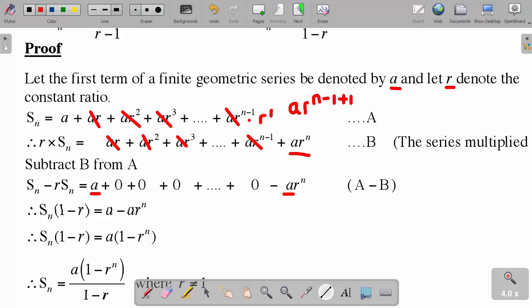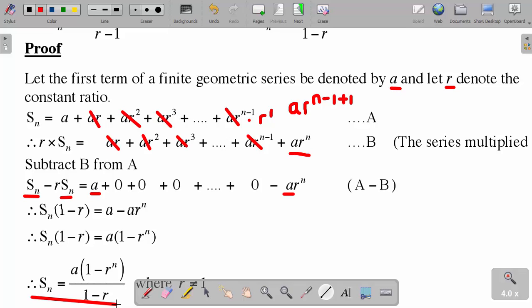So A is a common factor, so I factor out the A. And even here, my Sn is a common factor. So if I take it out, I'm going to be left with Sn, open brackets, 1 minus common ratio, equals A, open brackets, 1 minus common ratio power n. Because I'm looking for Sn, I divide by 1 minus common ratio, which gives me my answer as Sn equals A, open brackets, 1 minus r power n, divided by 1 minus r.